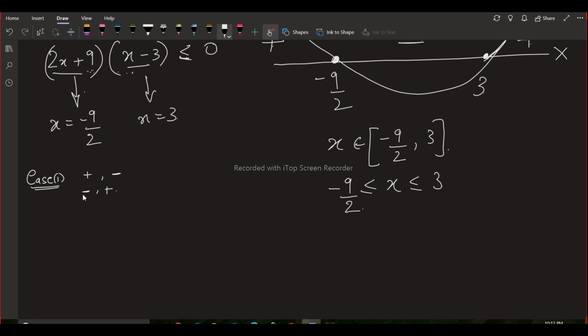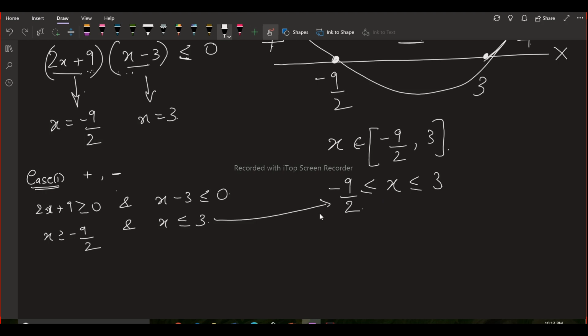So in case 1, I'll take 2x plus 9 greater than equal to 0, and x minus 3 less than equal to 0. So when I do this, I'll get x greater than equal to minus 9 by 2 and x less than equal to 3.